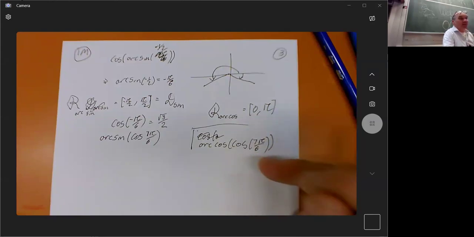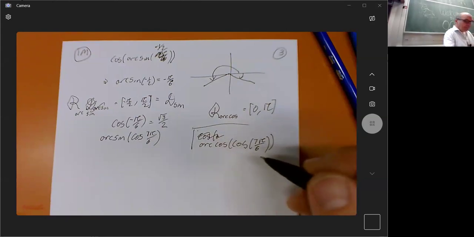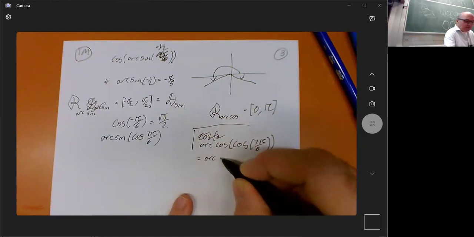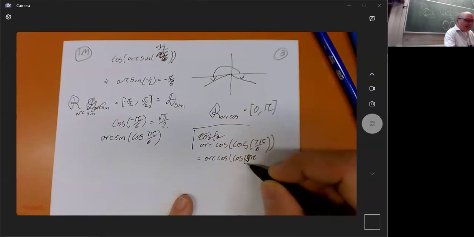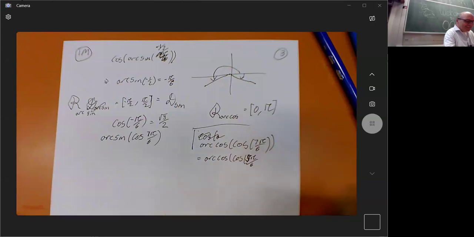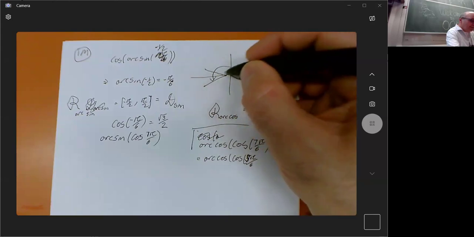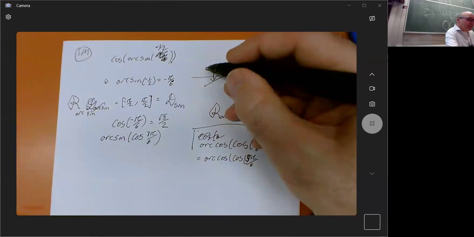And so what I have to do is work out the equivalent value inside that region. That would be equivalent to arc cos of cosine of 5 pi on 6. 7 pi on 6 is here, and the same x value would be here, at 5 pi on 6.